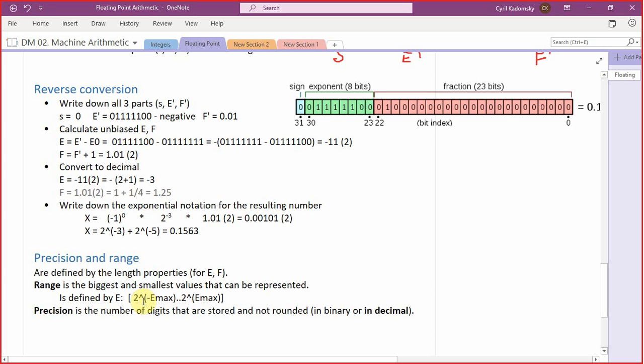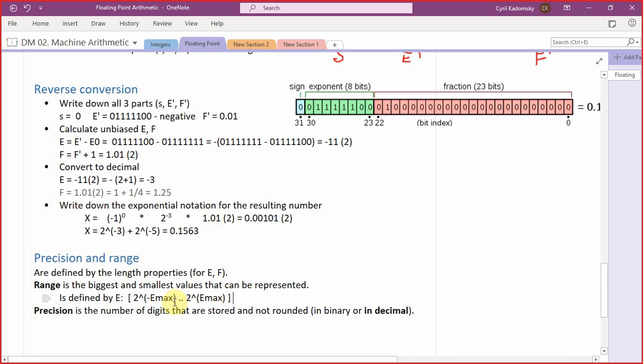The smallest possible number will have the smallest possible exponent. The highest number will have the maximal possible exponent, and the fraction will not be of any importance.